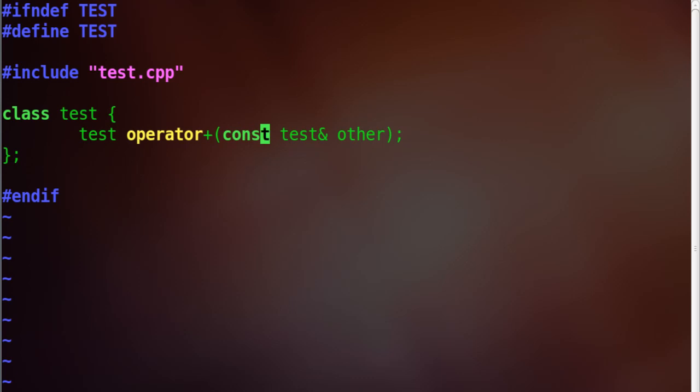So our class would be the first operand before the operator, in the case of the plus, and then it takes the parameter of the second operand that should be used with this operator.